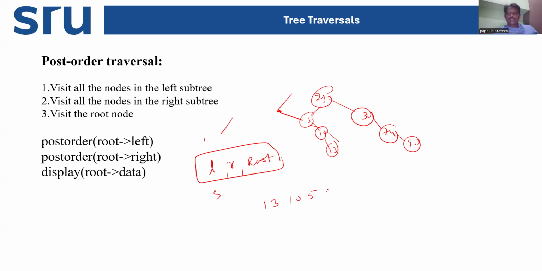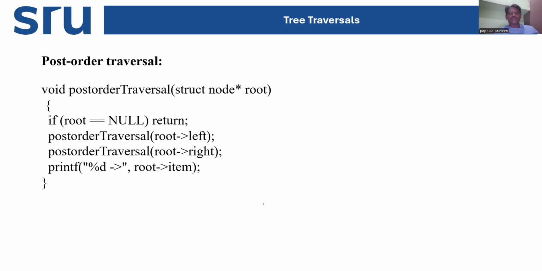Next 30, no left child, 30 is the root data, 74 is there, and 90 is the root data. 90, which is the root of 90? 74, which is the root of 74? 30, then 25. This is the post order. So in post order: root left, root right, and one more, the display of root data.